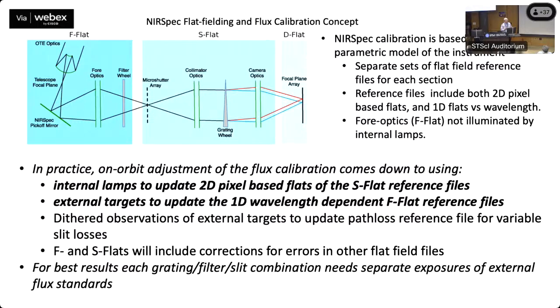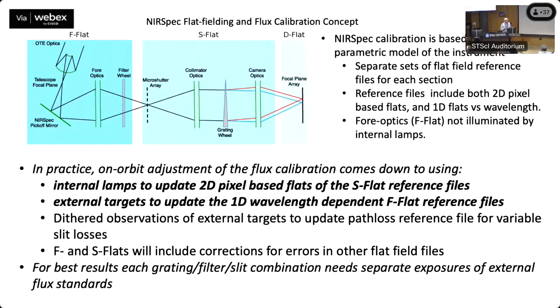For example, once we put the microshutter plate in front of the detectors, you really can't do a uniform detector flat field. You can only do flat fields through the microshutters and through the optics. So in practice, when we adjust the on-orbit calibration, what that means is we have these internal lamp exposures, which can be used to update the 2D pixel by pixel flats in the so-called spectrograph or S-flat region.